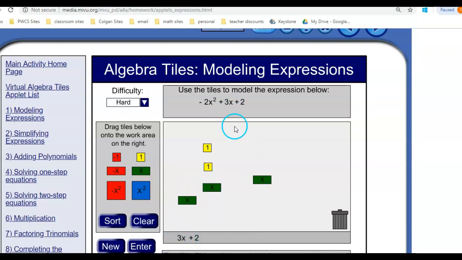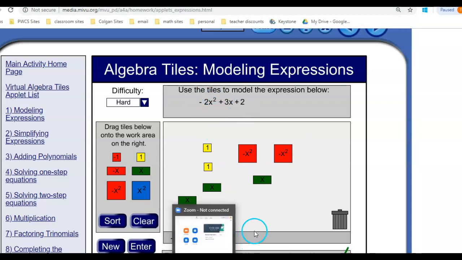So this part looks the same, 3x plus 2, and now we just have to get this negative 2x squared. Well, if we think back to how we did that before, we had to get the bigger x squared, or the bigger square, and however many of them they needed to give us negative 2x squared.